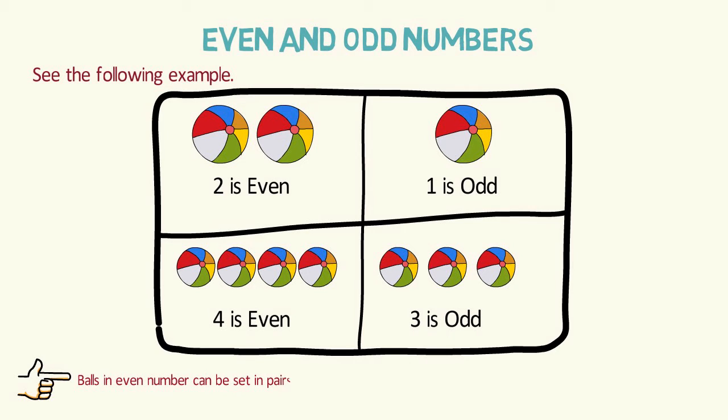Balls in even number can be set in pairs. Balls in odd number cannot be set in pairs.